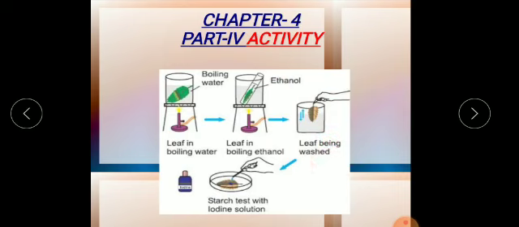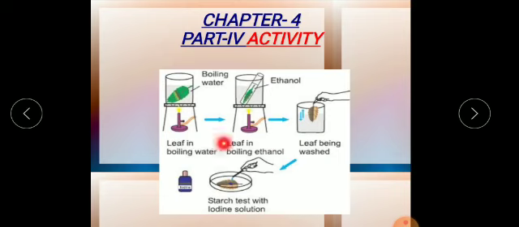Now the last step. This is a chemical, you can see this is an iodine solution. For demonstrating the starch during photosynthesis, we need iodine solution. Iodine solution has one property: wherever in any food item, or in this leaf also, if starch is present and we put 1 or 2 drops of iodine solution, it will turn blue black.